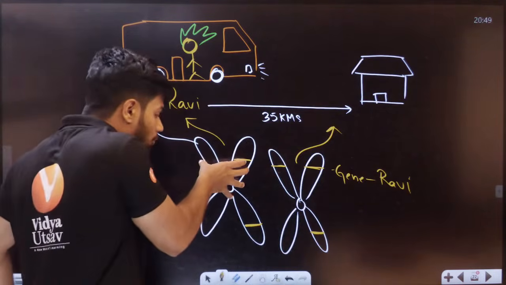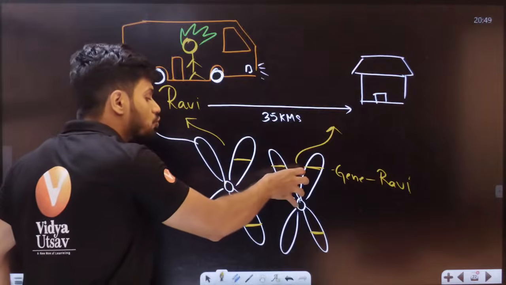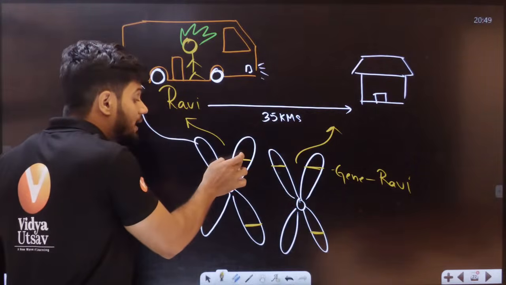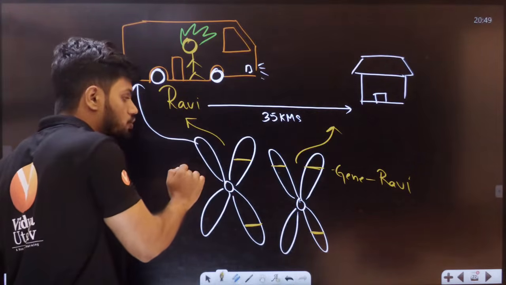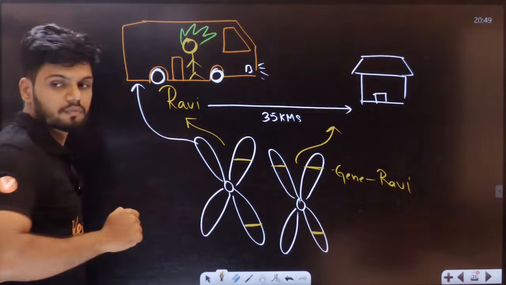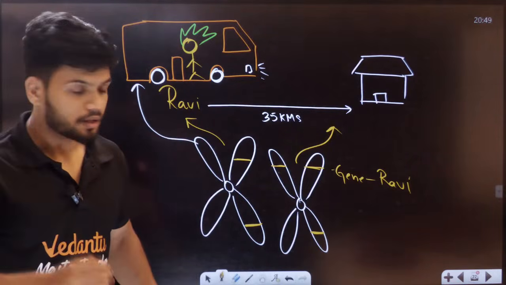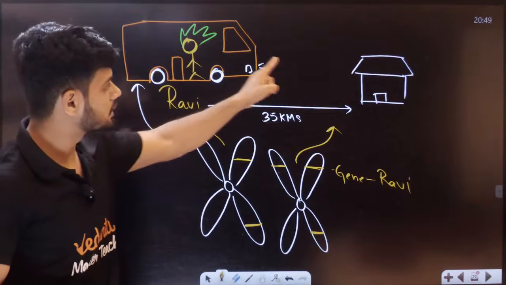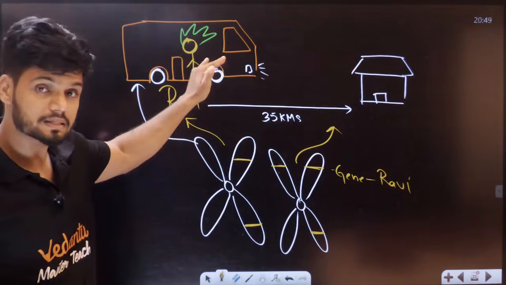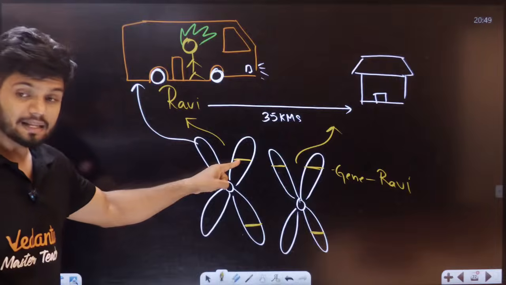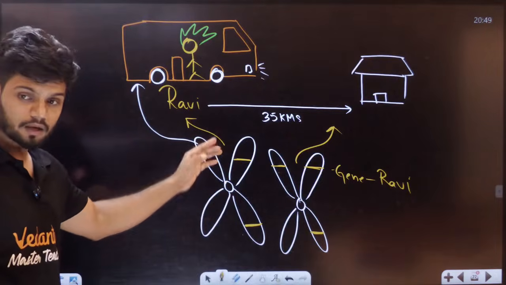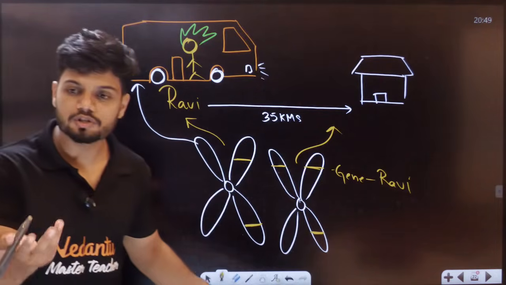Now, if this chromosome is moving this side and that chromosome is moving that side, the alleles present on the chromosome also move. All of you agree with me? Just like how Ravi is moving along with the bus because Ravi is present inside the bus, here also alleles are present inside a chromosome. If this chromosome moves, alleles will also move.